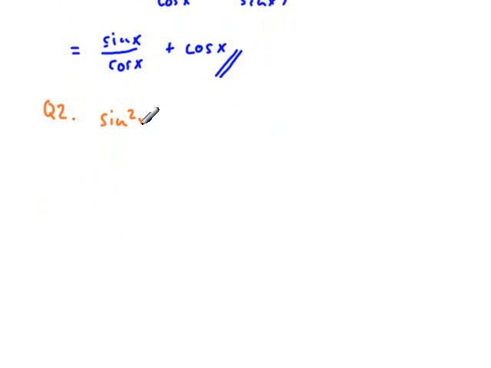So sine squared x times cotangent squared x plus 1, and that equals sine squared times, and here recognize that that is a Pythagorean identity, so cosecant squared x.